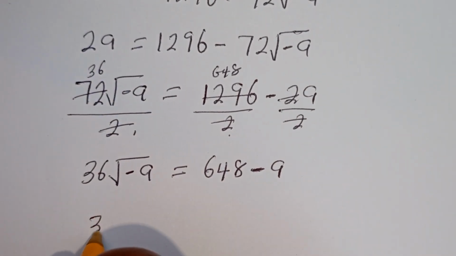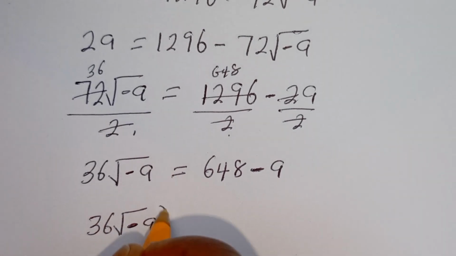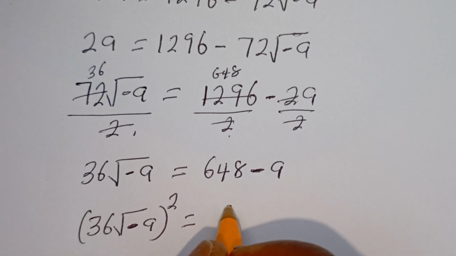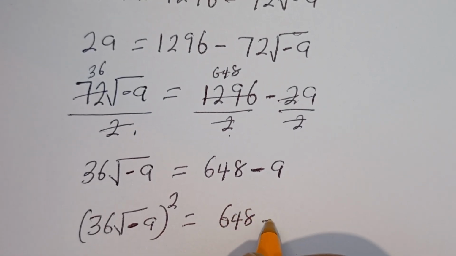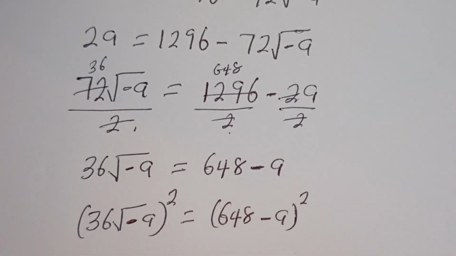We have 36 square root of minus a all squared is equal to 648 minus a all squared.